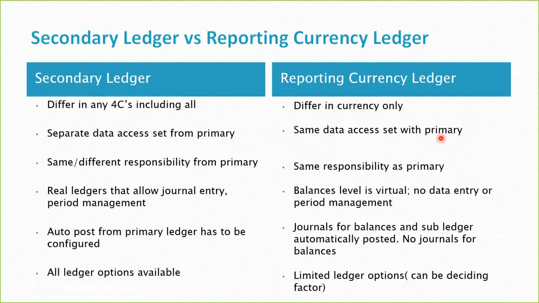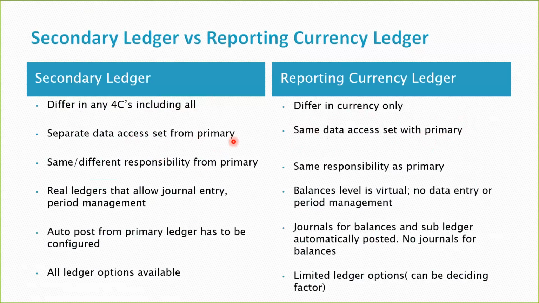So the reporting currency ledger is automatically added to the data access set for the primary ledger once you create your reporting currency ledger. This is not the case for a secondary ledger, where a separate data access set, separate from the one linked to the primary ledger, is created.